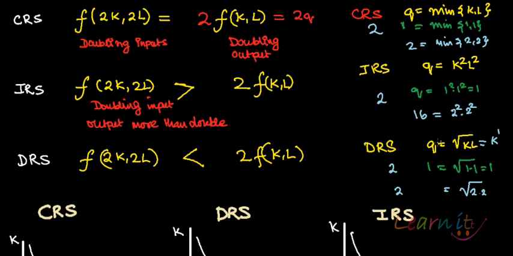Oh, this is the wrong production function which I have taken as an example. Let me just change it to K to the power 1 by 3 into L to the power 1 by 3. Okay, let me just write it here. Your Q is basically equal to K to the power 1 by 3 L to the power 1 by 3. Okay, so in this case, what will happen?